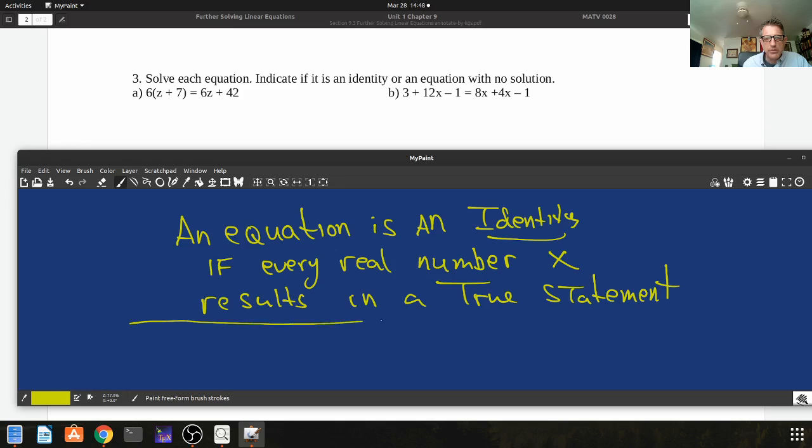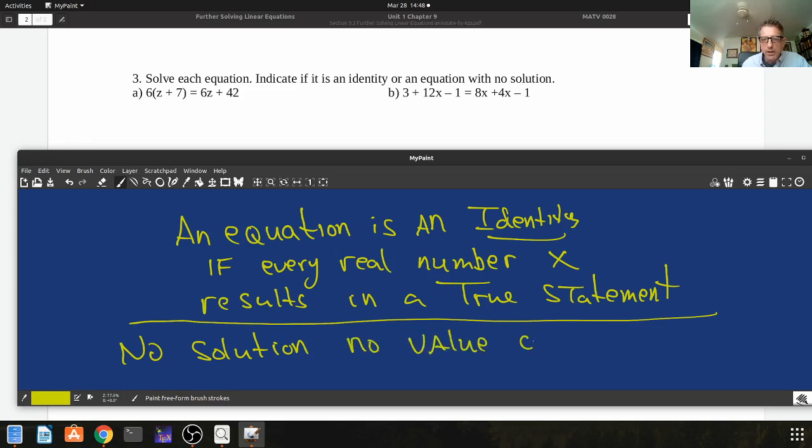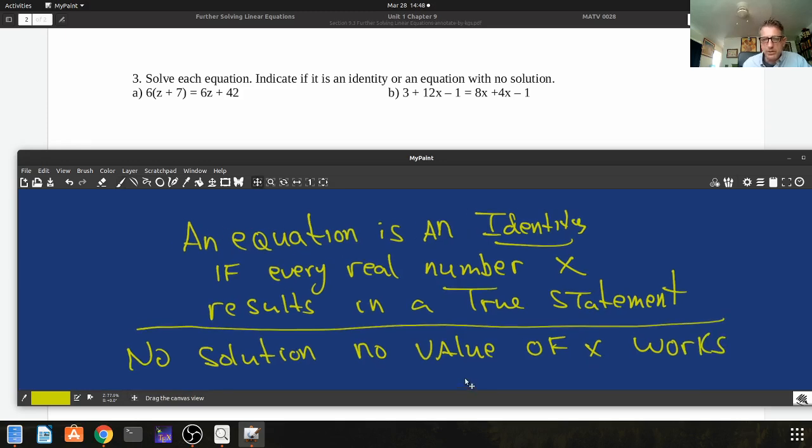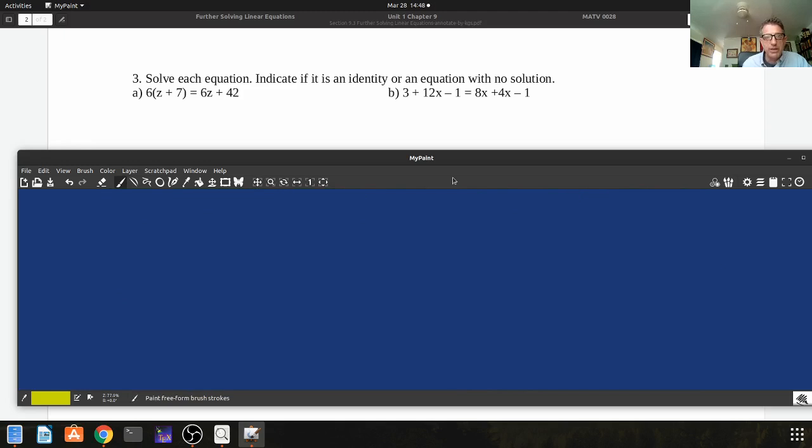And an equation has no solution. We say an equation has no solution, and it's obvious, right? That means no value of x works. That's really informal, but you get the drift. So let's go ahead and see which of these two these examples are.